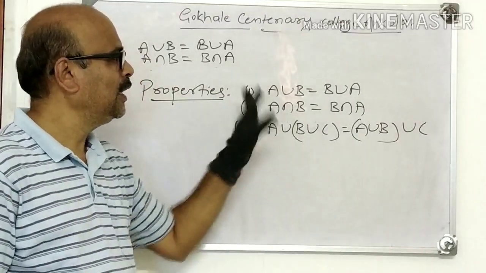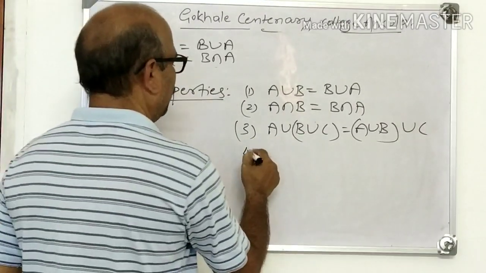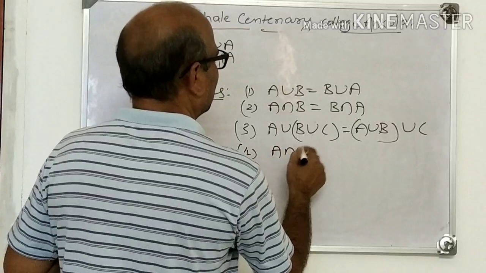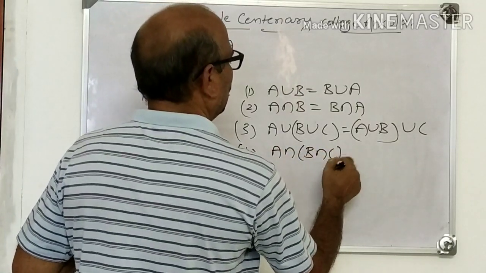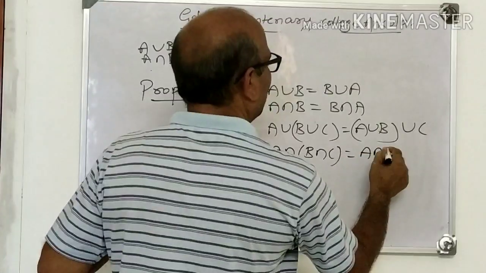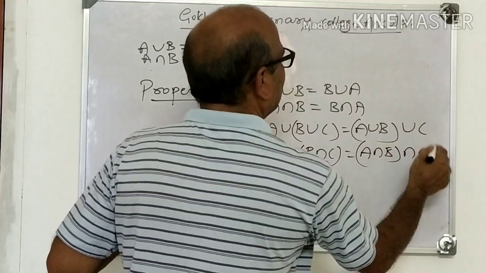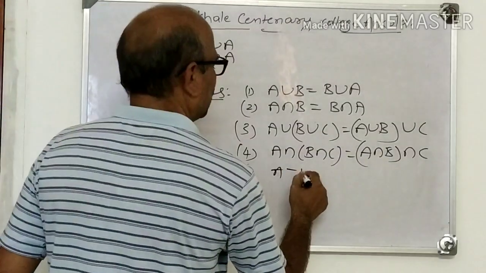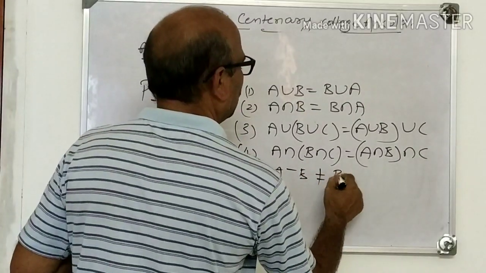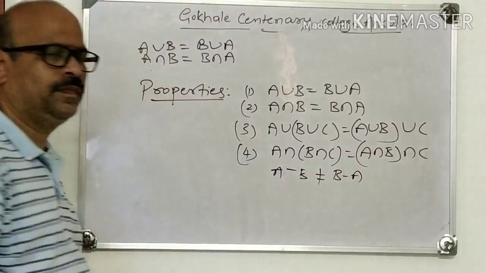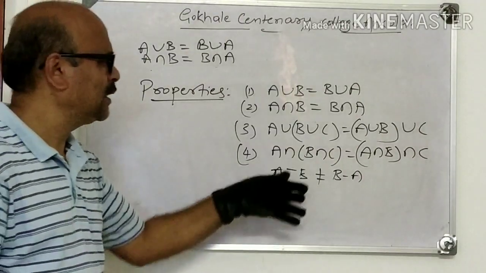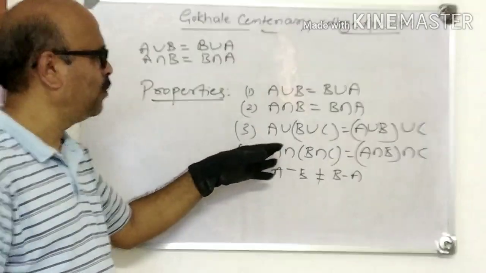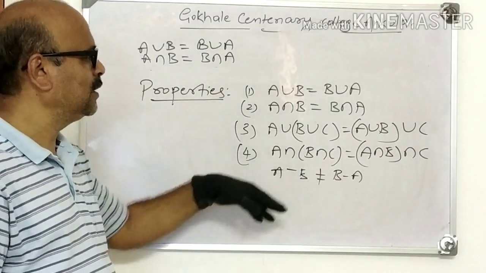Union of three sets is associative. Similarly, intersection is also associative: A intersection B intersection C. A minus B is not equal to B minus C. Now see, these are some elementary properties, and proof is obvious. You can easily prove this one.